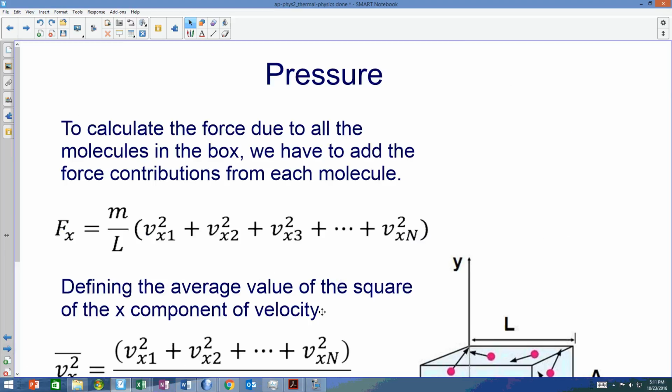To calculate the force due to all of the molecules in the box, we would have to add the forces contributed from each molecule. So if we factor out the m and the L, because the length of the box doesn't change, and the mass of the molecule or the atoms do not change if it's the same atom or molecule throughout the gas, then we end up with the summation of the Vx squareds for each particle, all the way to N number of particles.